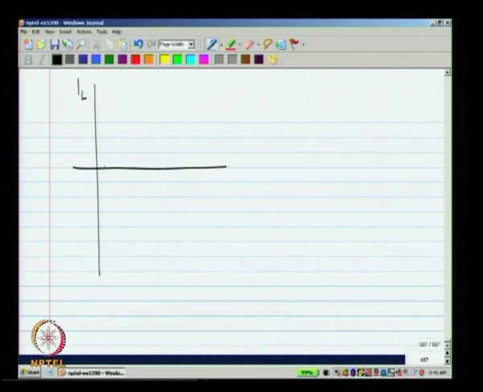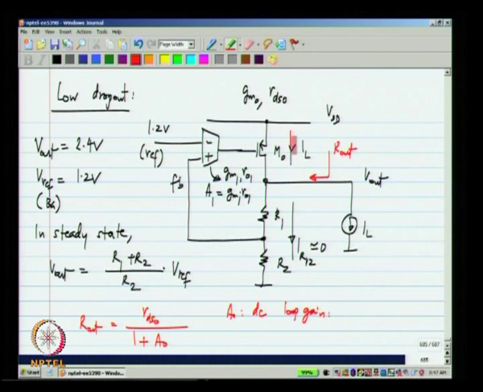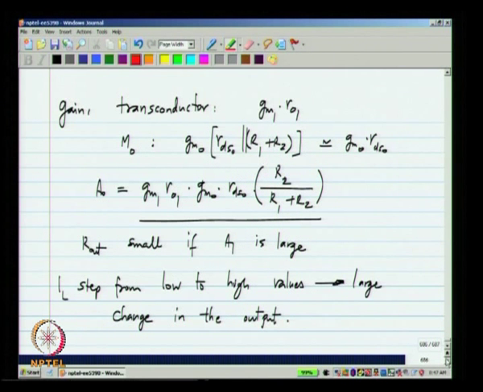Let us say IL steps up from a small to a large value and the output voltage, let us say it is supposed to be here, and just after the step essentially it is still seeing the old value of R out, so to speak, and R1 plus R2, okay.